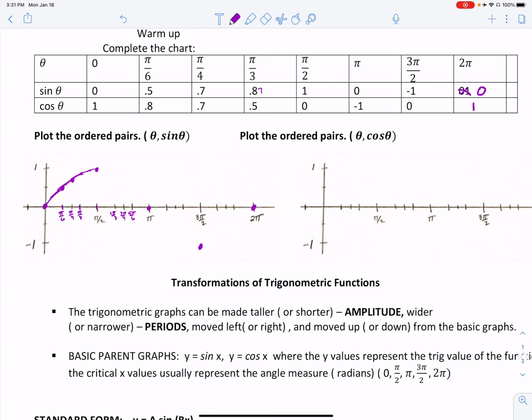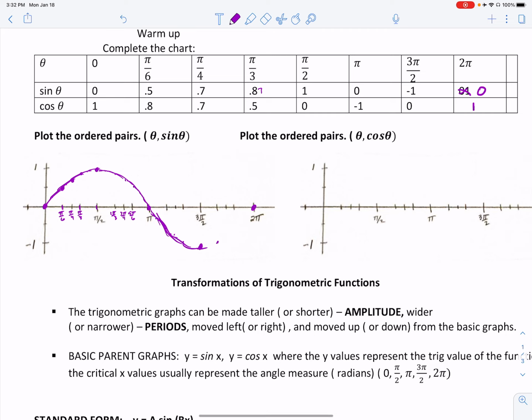And then those points are reflected, so we come down kind of in the reverse order of how we went up. If I were graphing at the 7pi/6, we'd be at -1/2, then -0.7, then -0.86. So those values are just starting to repeat.